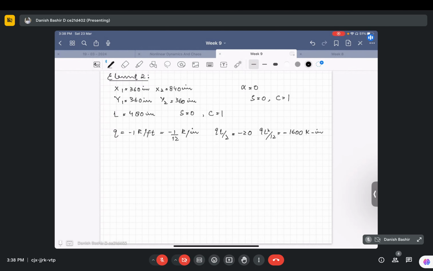Another quantity, E by L, comes out to be 62.5. A1 is EA by L, that is 5893, and A2 is EI by L cube, that is 0.2274.